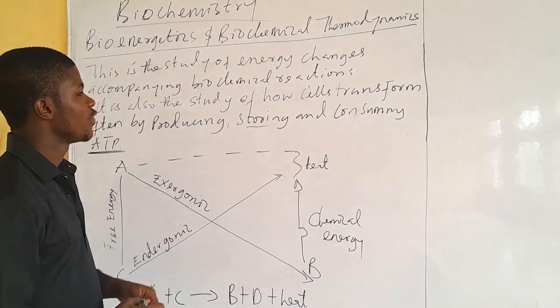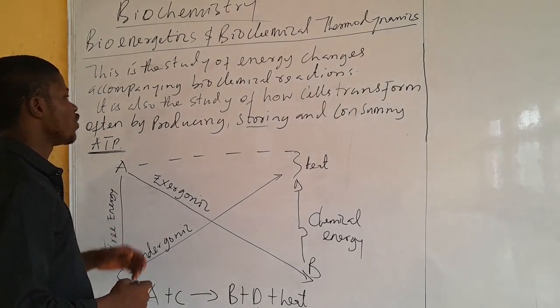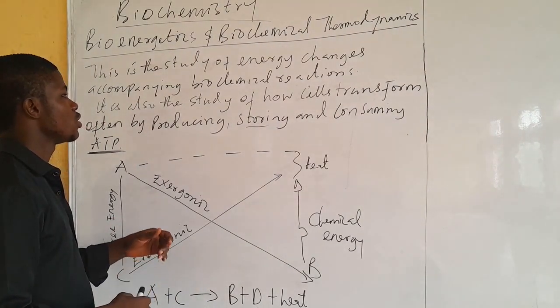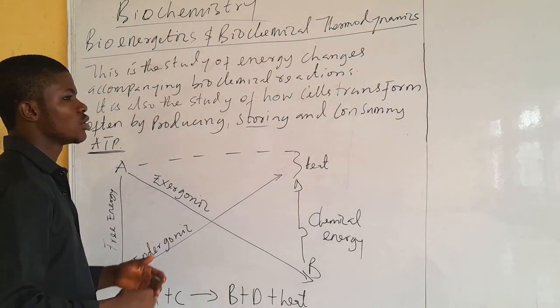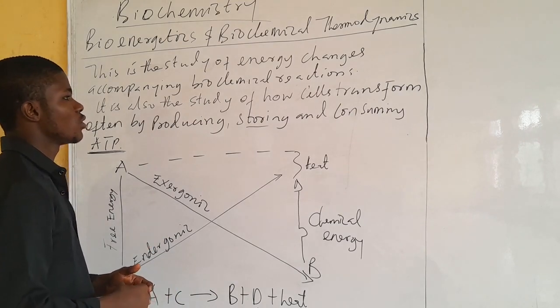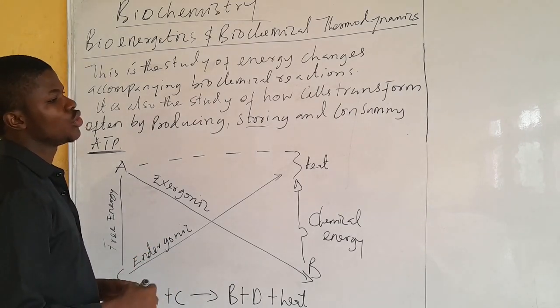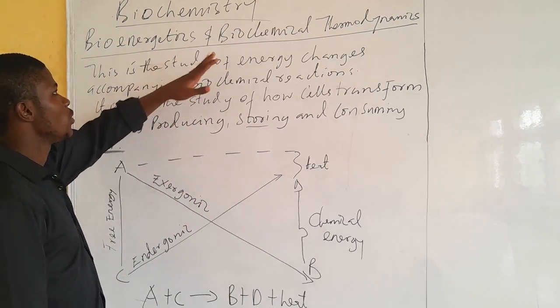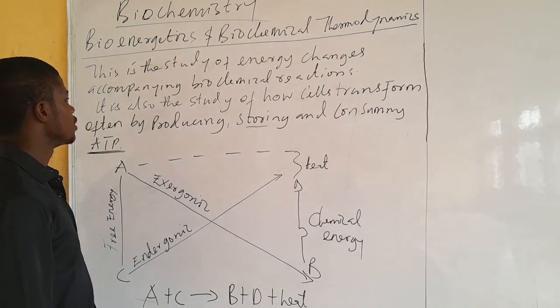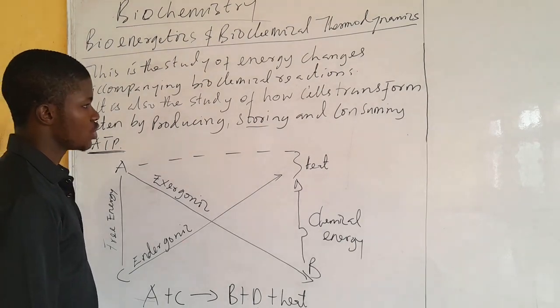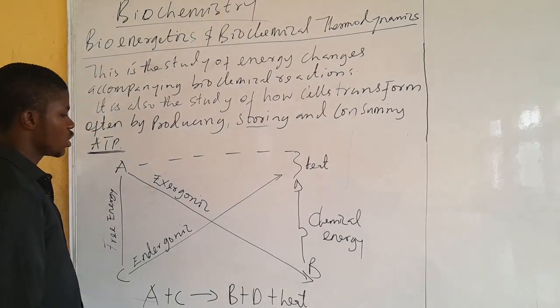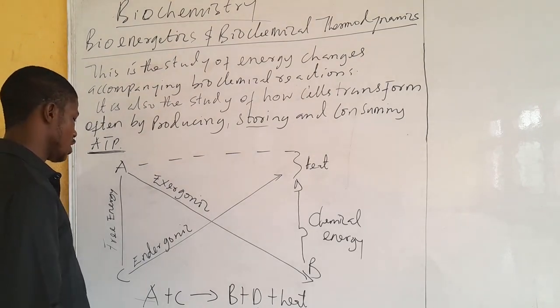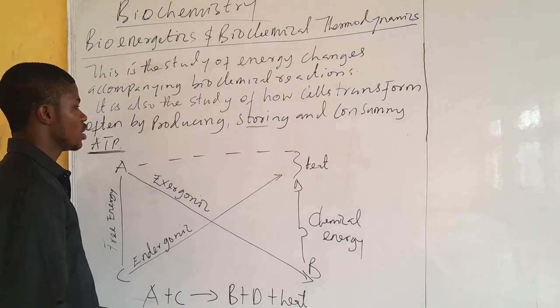So, the study of how the use of ATP brings about production, storage, and consumption in human cells is what we've come to study in bioenergetics. And these reactions are categorized into exergonic and endergonic.